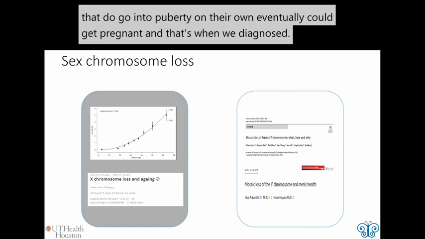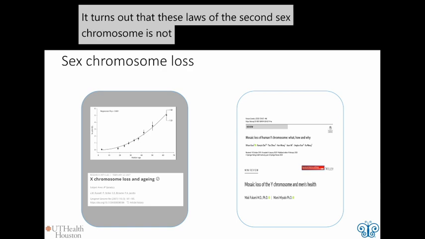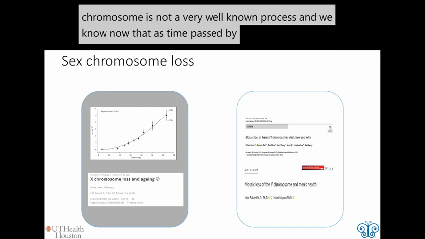It turns out that this loss of the second sex chromosome is a very well-known process. And we know now that as time passes by, our cells lose that second chromosome.